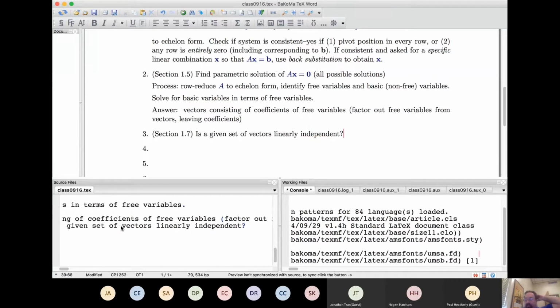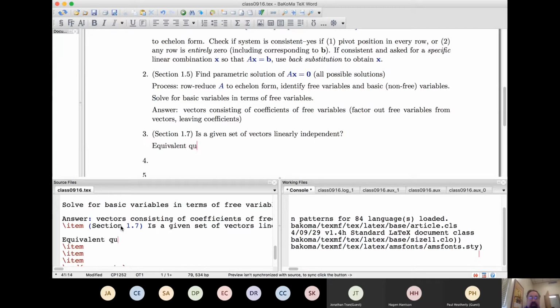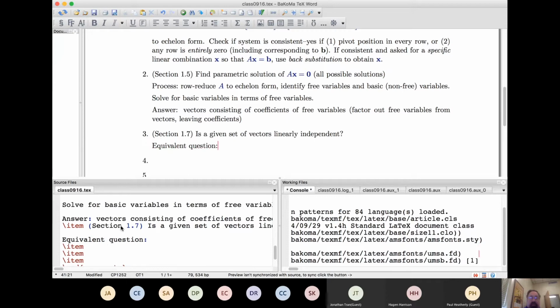You're given a set of vectors, or you may be given a matrix and you're talking about its columns. Are these vectors linearly independent? You can formulate this as an equivalent question, because pretty much everything we do here all semester long tends to boil down to solving some kind of system of linear equations: Ax equals b, or maybe Ax equals 0.